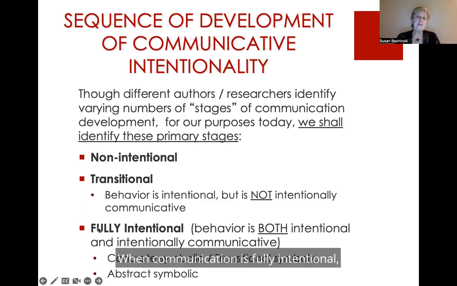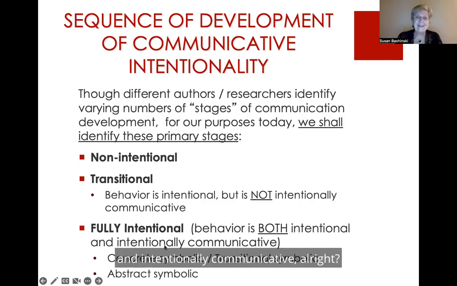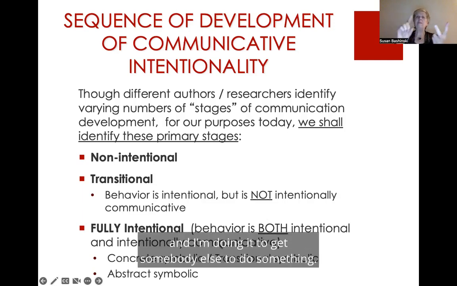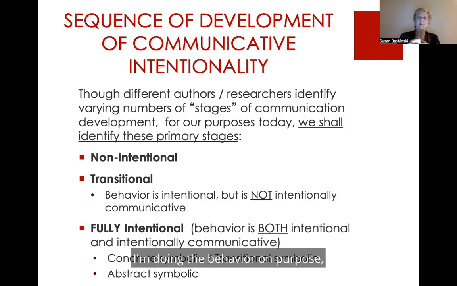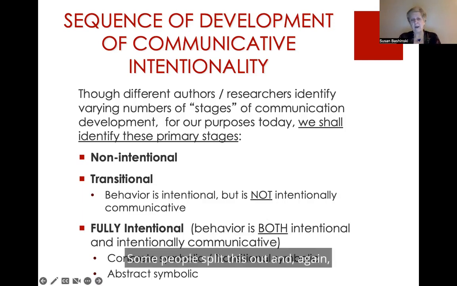When communication is fully intentional, what I call communicative intentionality, the behavior is intentional and intentionally communicative. All right. That is, I'm doing it on purpose and I'm doing it to get somebody else to do something. I'm engaging in the behavior on purpose, and it's for the purpose of affecting another person. Some people split this out.